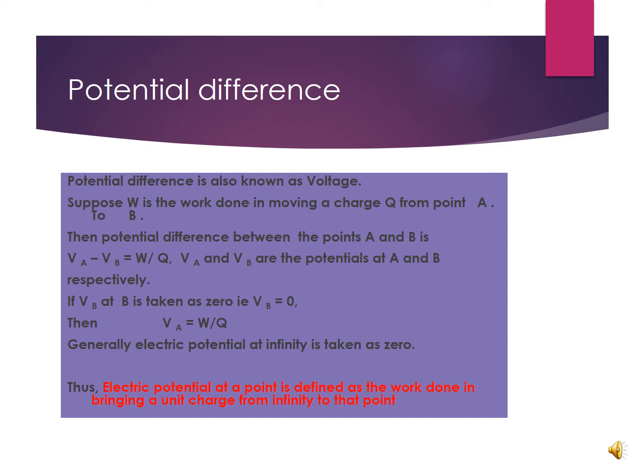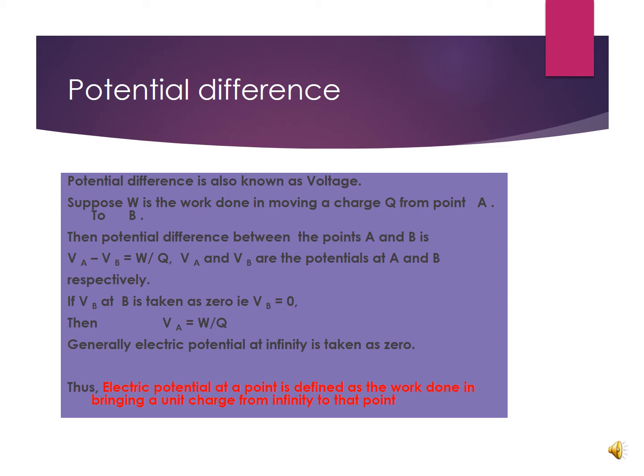V stands for potential difference, or voltage. So the potential for point A is VA, the potential for point B is VB. The difference in potentials between the 2 points A and B is VA minus VB, and that can be calculated by the formula V = W/Q. Or we can say work done is equal to the difference in potentials, that is (VA minus VB) times the charge.